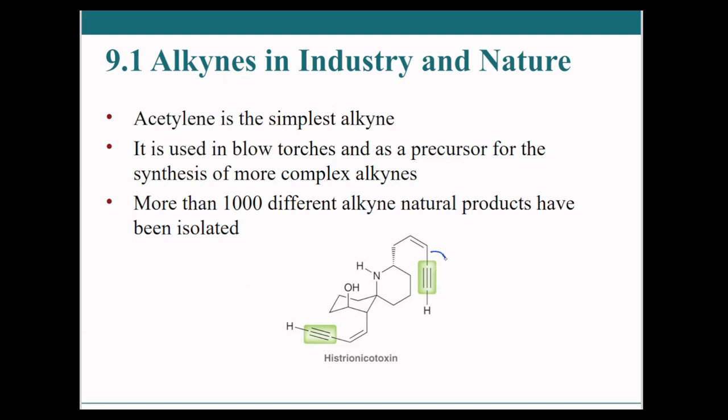So notice that this bond angle on both of these alkynes is demonstrated as 180 degrees. So we have two alkyne functional groups in these molecules, and you can see the bond angle demonstrated as 180 degrees.